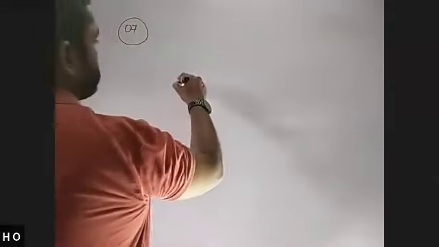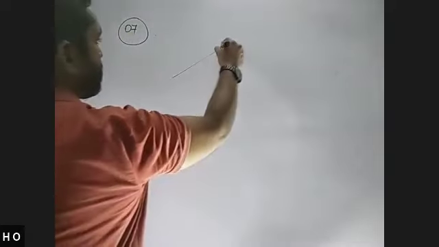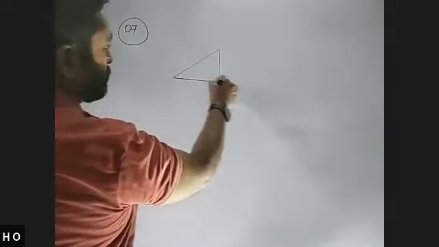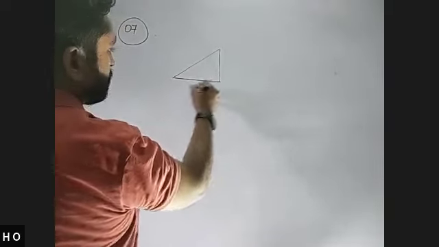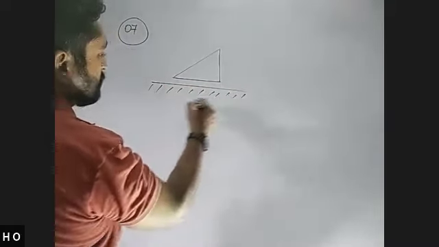Again, a smooth wedge of mass capital M rests on a smooth horizontal table. Initially, a particle of mass simple m is gently placed on its face, inclined at angle beta to the horizontal, so that when the particle has acquired a velocity v relative to the wedge, the velocity of the wedge is. All right, this is what I'm going to do. This is going to be the start, at t equals 0, let us say.